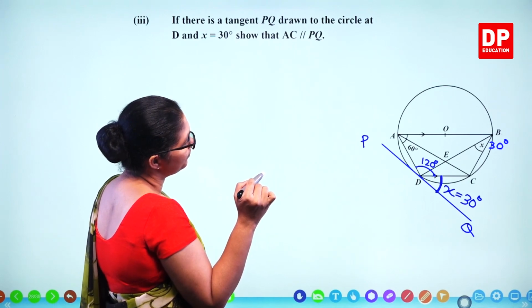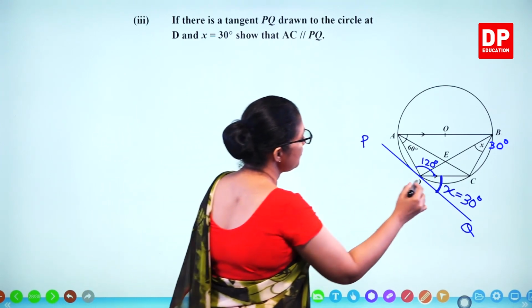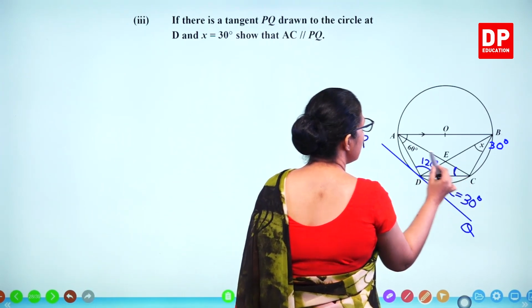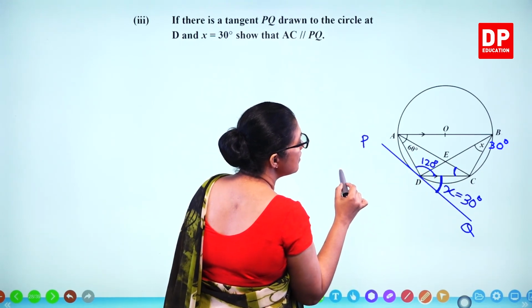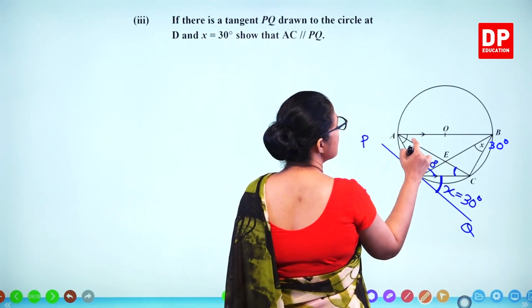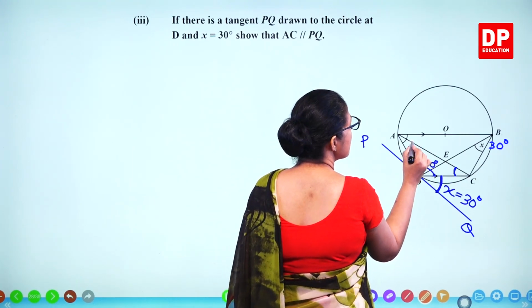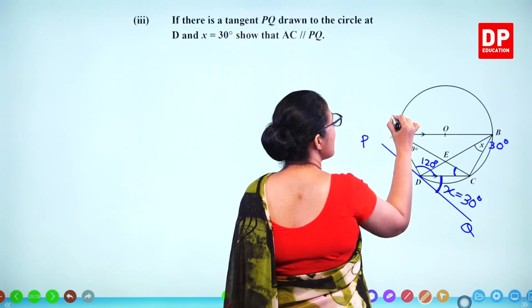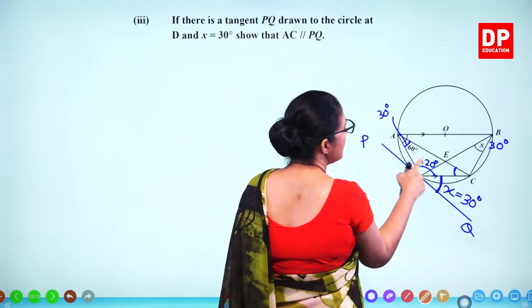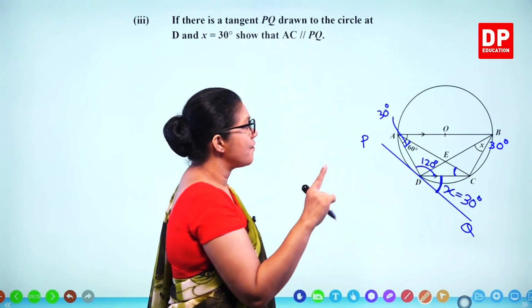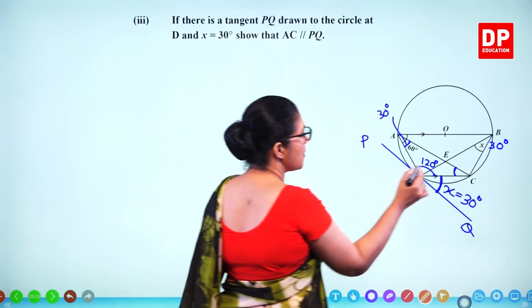And what else? What is this angle then? 120 and 60? 100. This is not, this is x, this is 30. This angle, that's 30. So 30 and 120, 150. So this becomes 30.